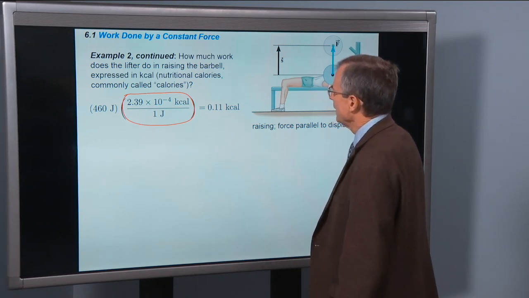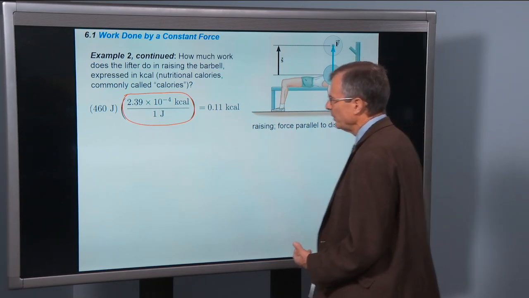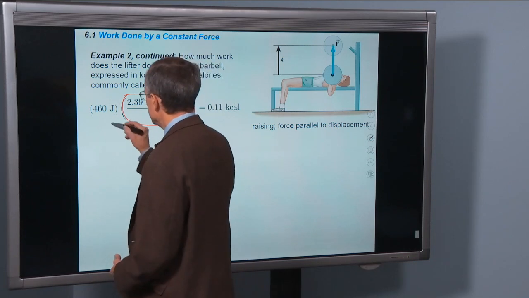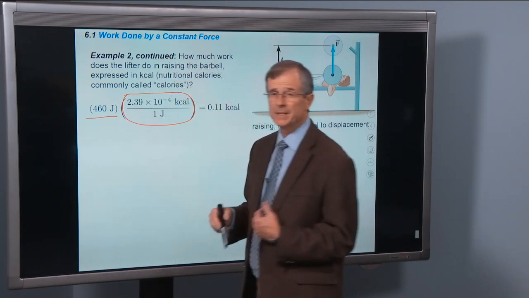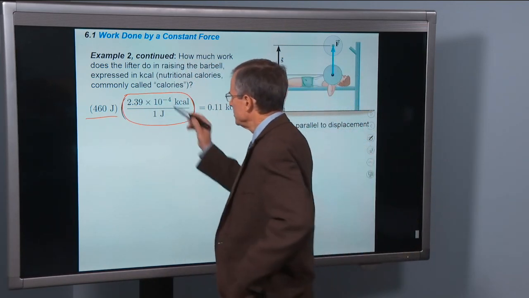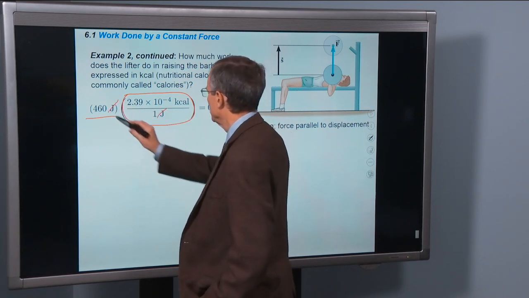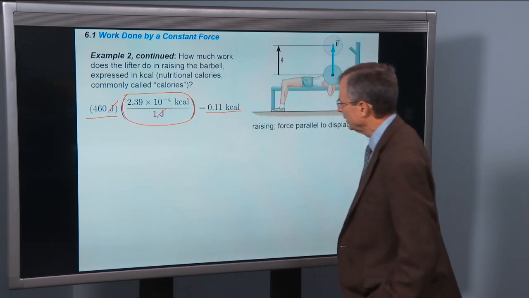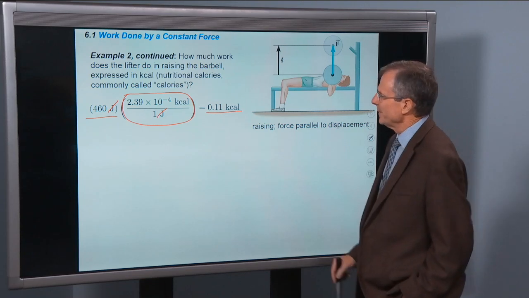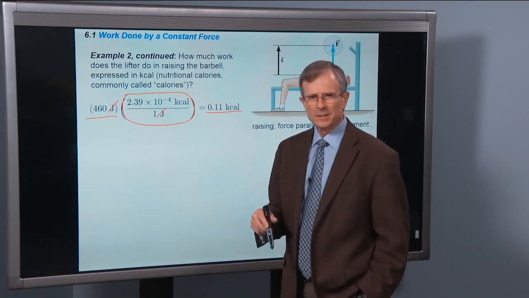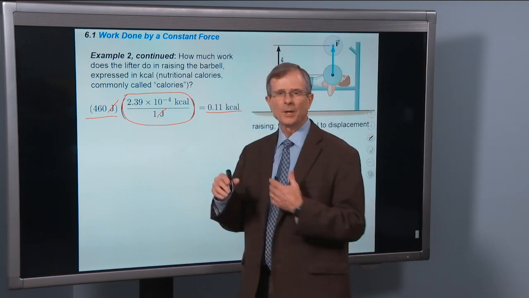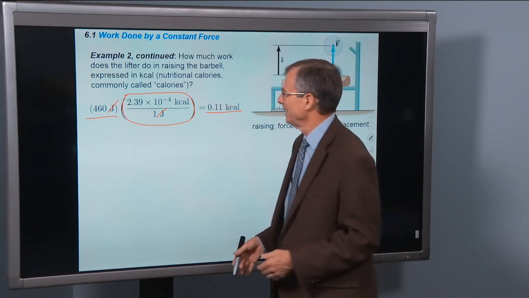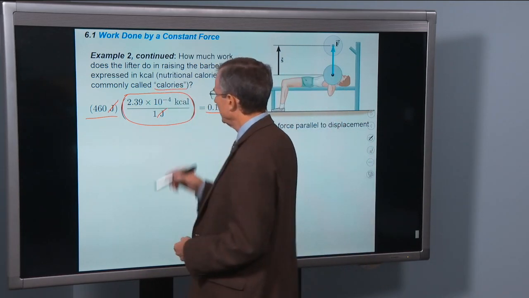So how much work does the lifter do in raising the barbell? We found that it was 460 joules, but we can convert that to kilocalories using this conversion factor. The joules cancel, and we get 0.11 kilocalories. Kilocalories are in the book called nutritional calories, and colloquially they're called calories.